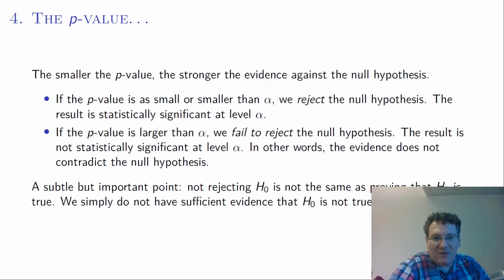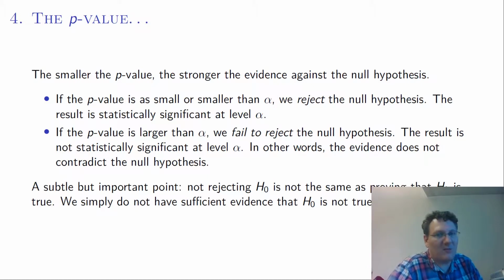Again, the smaller the p-value, the stronger the evidence is against the null hypothesis. So our conclusion is either we reject the null hypothesis because we have significant results, or we could say that we have strong evidence against the null hypothesis, or we would say we don't reject the null hypothesis. We don't say we accept the null hypothesis, because we went into the test already assuming the null hypothesis to be true.